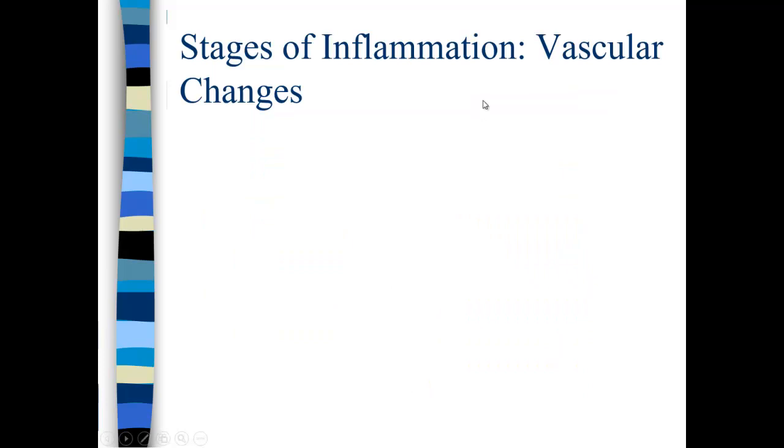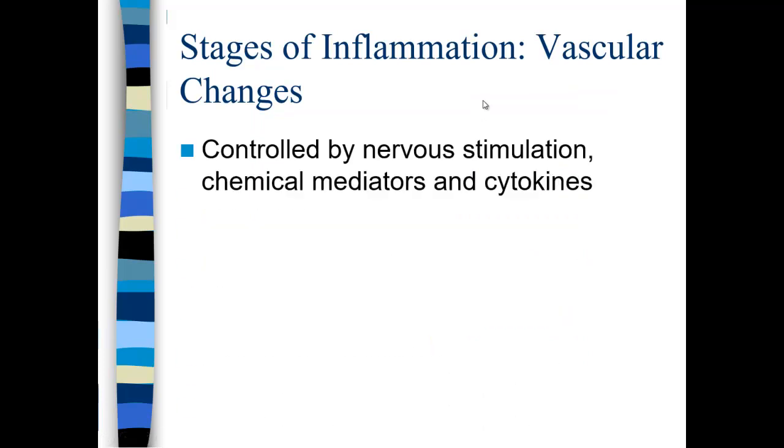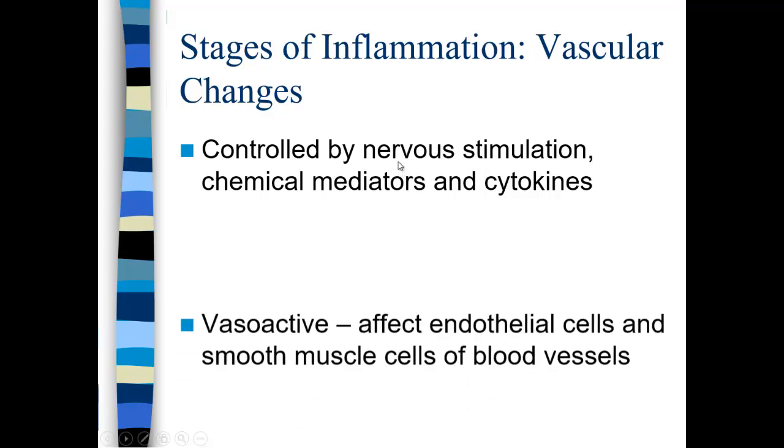Okay, so vascular changes. Interestingly enough, you get constriction then followed by dilation, depending on where you are in terms of the stage of inflammation. This is controlled by the nervous system, and it's also controlled chemically by different mediators and cytokines.